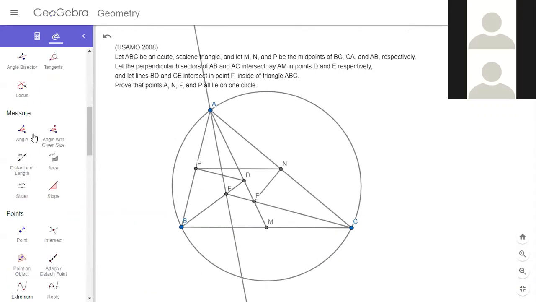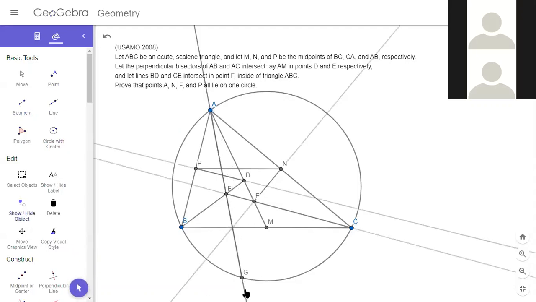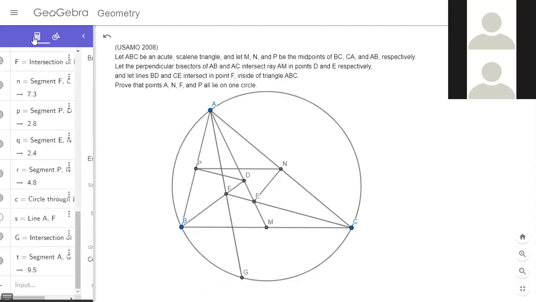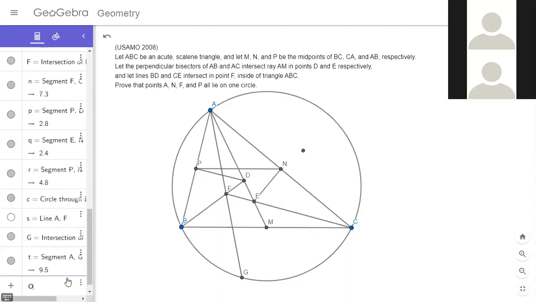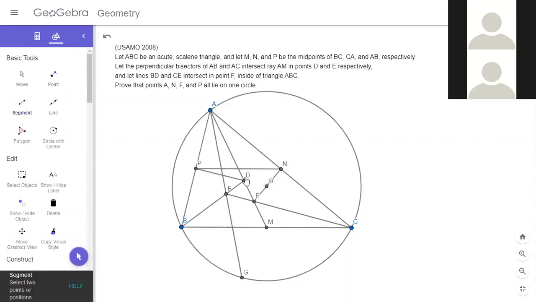That means if we let AF meet the circle at a point G, then F is the midpoint of AG. So if we could show F is the midpoint of AG, that would solve it. So let O be the center of the circle.